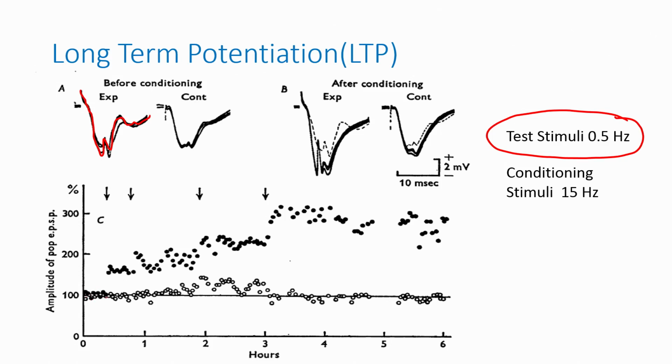You keep doing that for a brief period of time, you establish your baseline level at 100%, making sure they are not changing in time, which is very, very important.